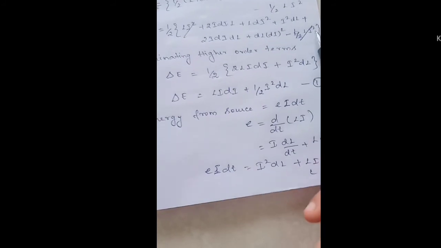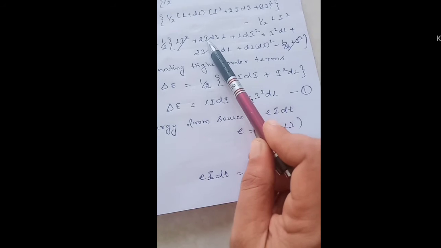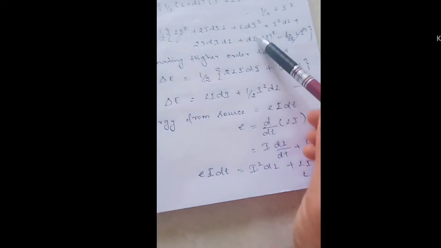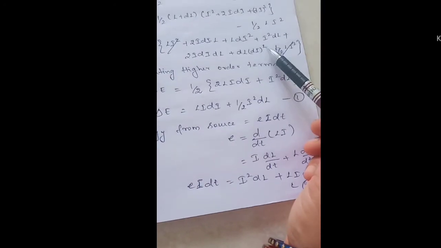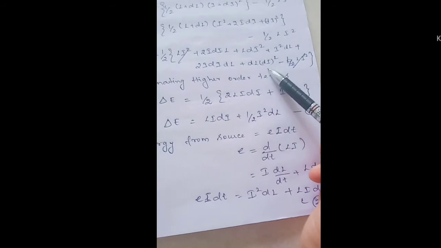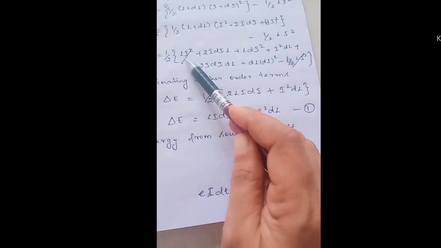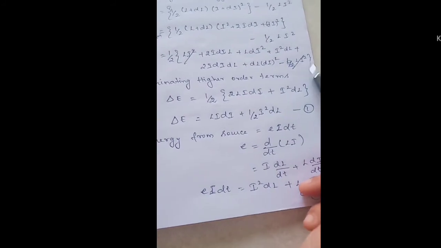Then in the next step I am eliminating the higher order terms. When we look at this equation, we have terms like dI square dL, which are higher order terms, so I can eliminate them. Then here we have plus L I square and minus L I square.